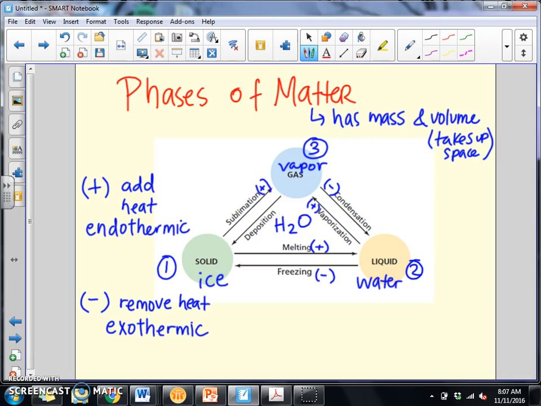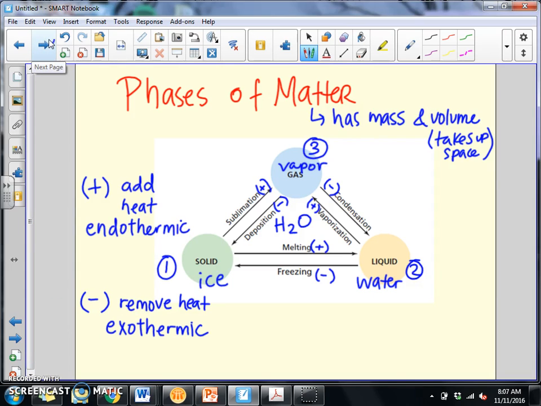Okay. But deposition, when we go from a gas to a solid, is going to be exothermic. You have to take away heat. The heat has to exit the system. So please make sure that you are reviewing, that you know what each of these phase changes mean and the definition of exo and endothermic.